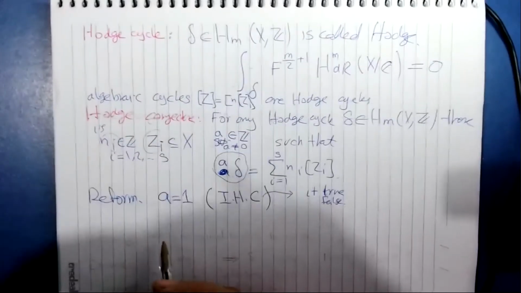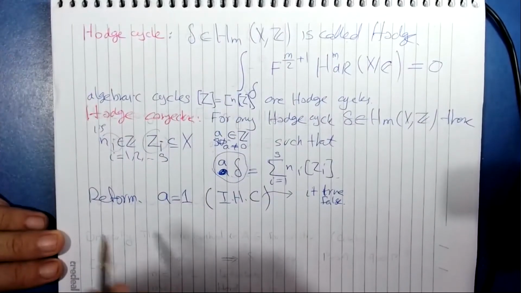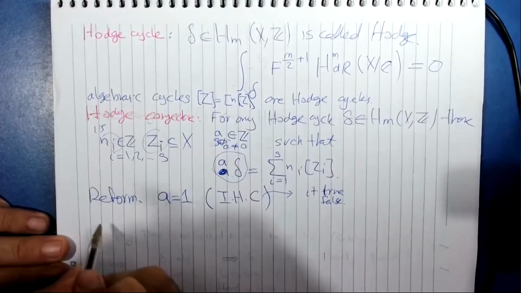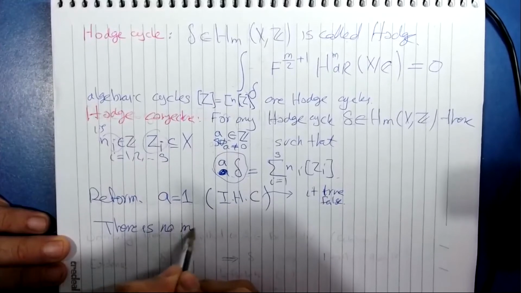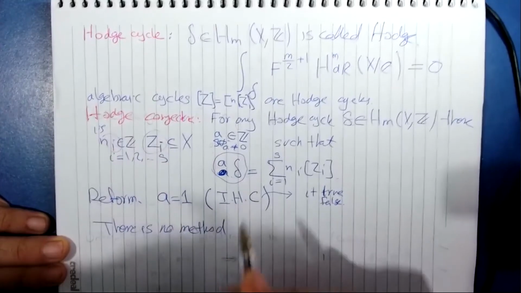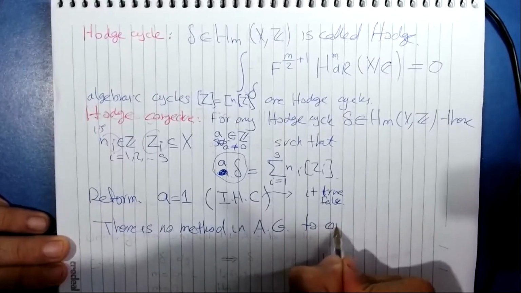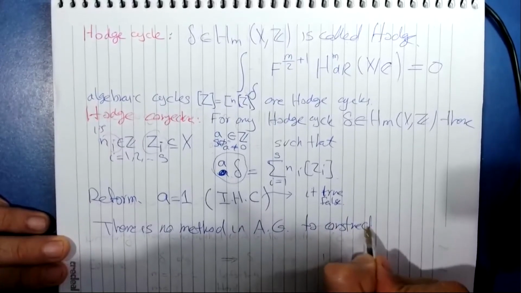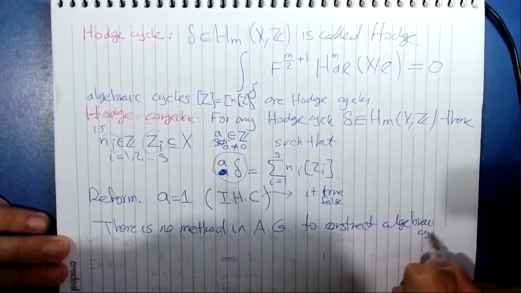So, why is the Hodge conjecture so difficult? The main reason is that there is no method in algebraic geometry to construct algebraic cycles.